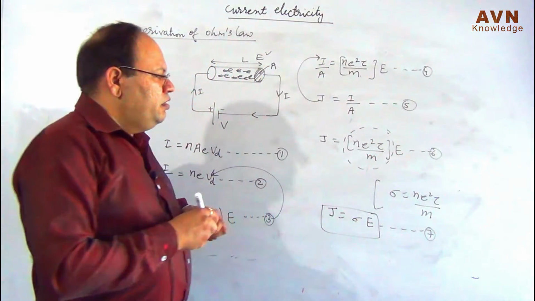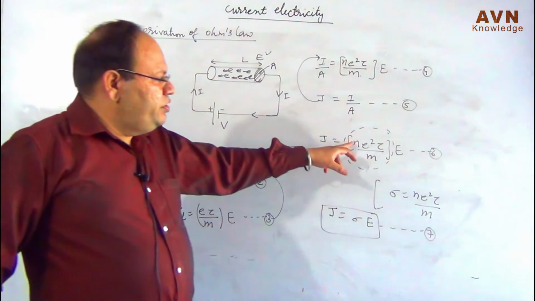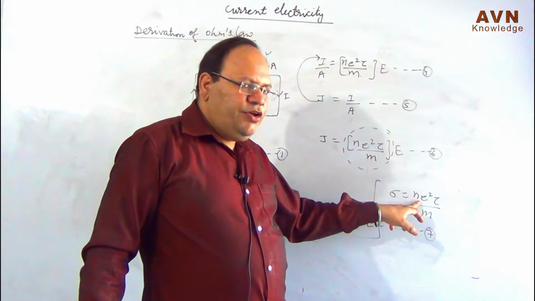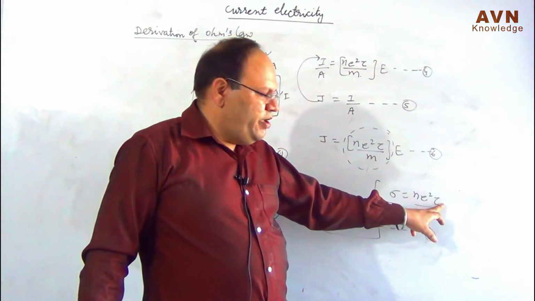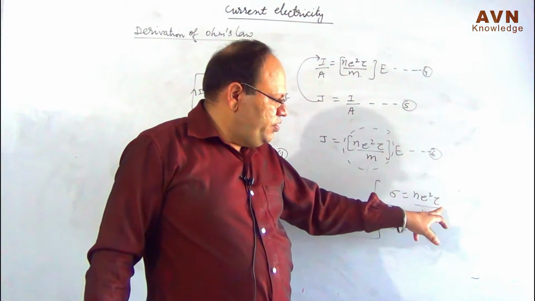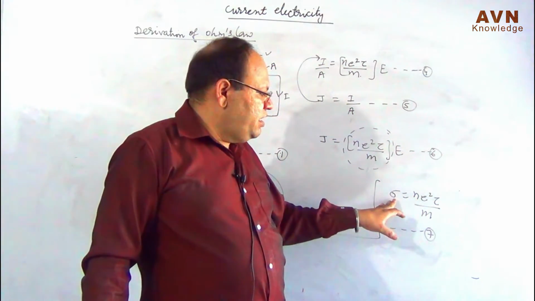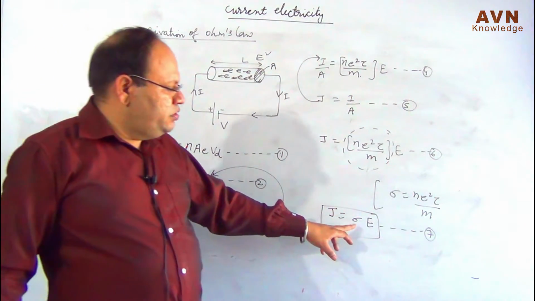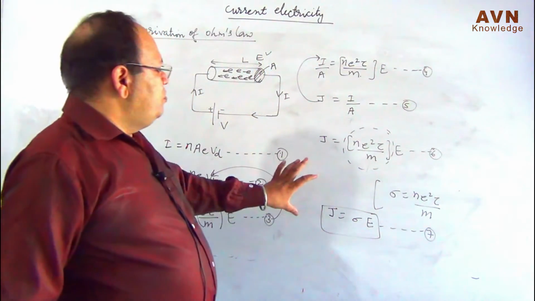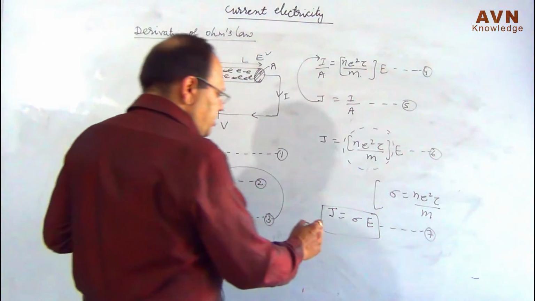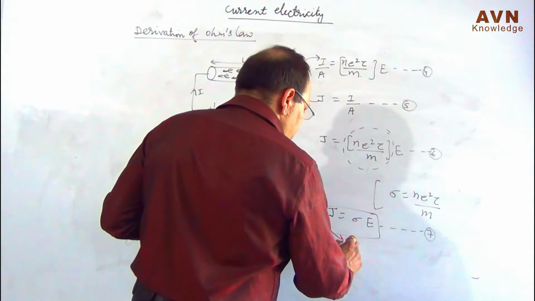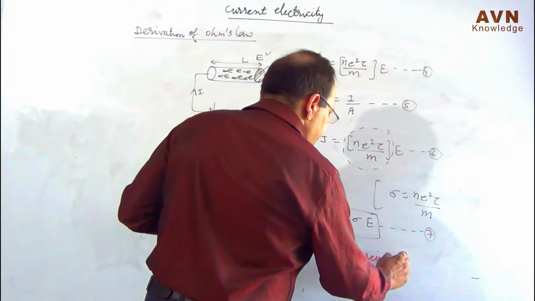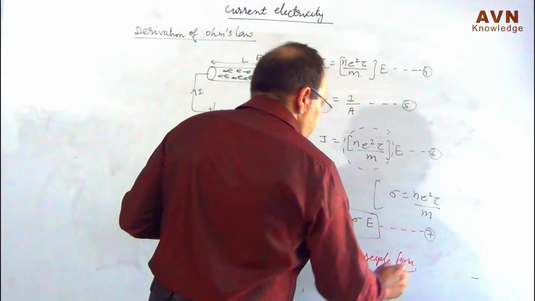This value is constant when the number of electrons per unit volume, the charge of the electron, and the temperature are constant, so the average time will be constant, the mass is constant, and the conductivity of the conductor is constant. Then J equals sigma E. This equation is called the microscopic form of Ohm's law.